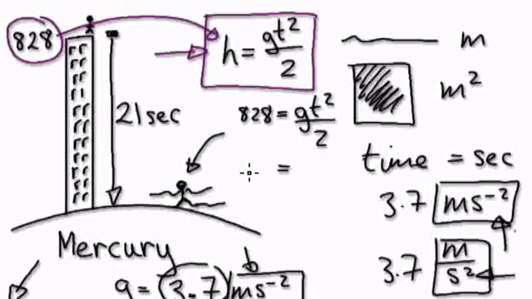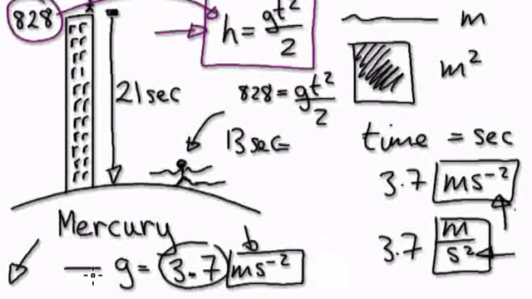Remember, on Earth, in one of the previous videos, we worked it out to be roughly about 13 seconds, somewhere near there. On Mercury, if you look at the gravity here, it's 3.7. It's a lot weaker than on Earth, which is 9.8. You can imagine gravity as being the strength of the pull towards the ground.